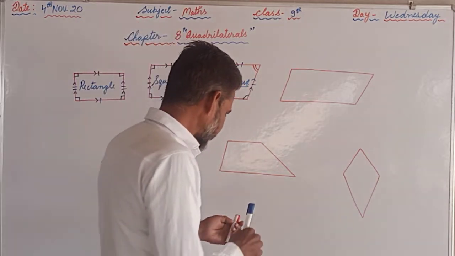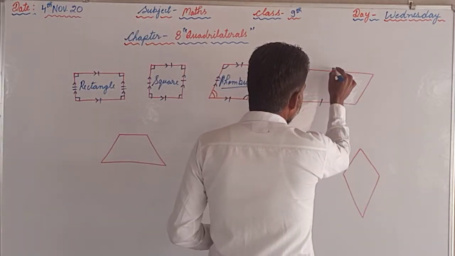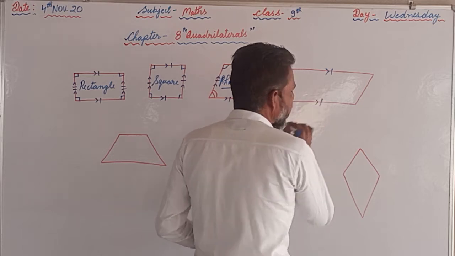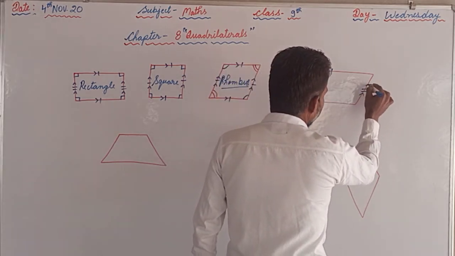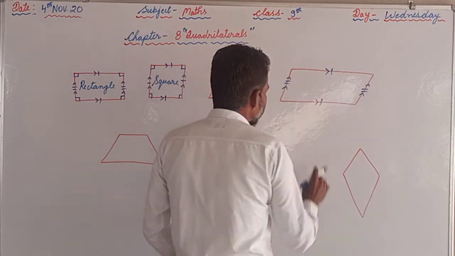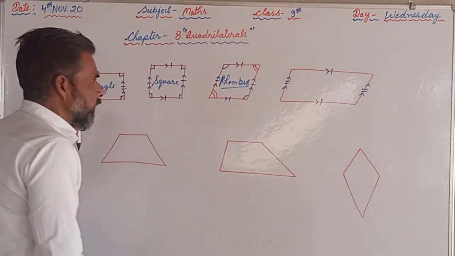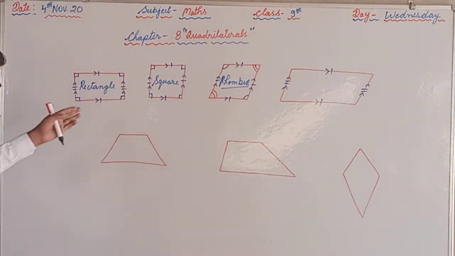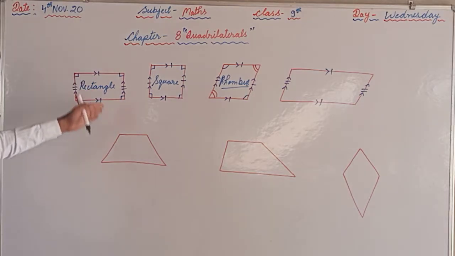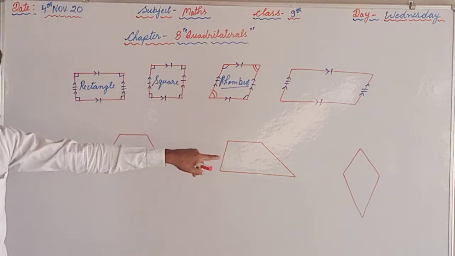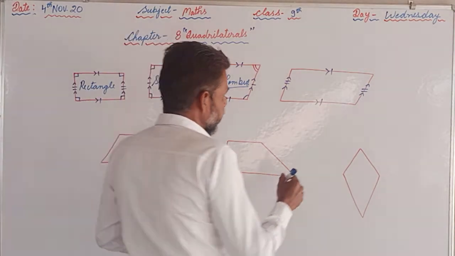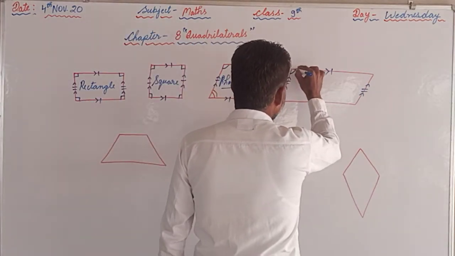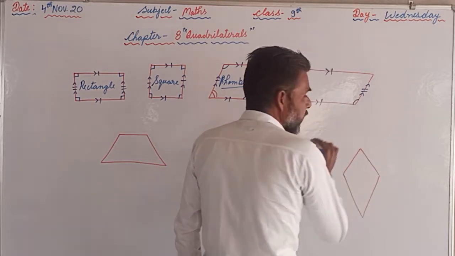Afterwards, if the opposite sides are equal and parallel, at the same time the angles are not of 90 degree as in the rectangle. In the rectangle the same is there, opposite sides are equal and parallel, but the angles are not 90 degree, but the opposite angles are equal.